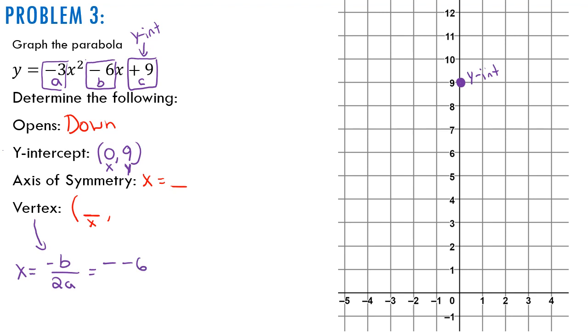So a negative 6 over 2 times our a, which is a negative 3. And so we can just do the math. A negative times a negative turns to positive. So we end up with positive 6 over 2 times negative 3 is negative 6. 6 divided by negative 6 is negative 1. So now we know that these two values are at negative 1. So my axis of symmetry is actually at negative 1.